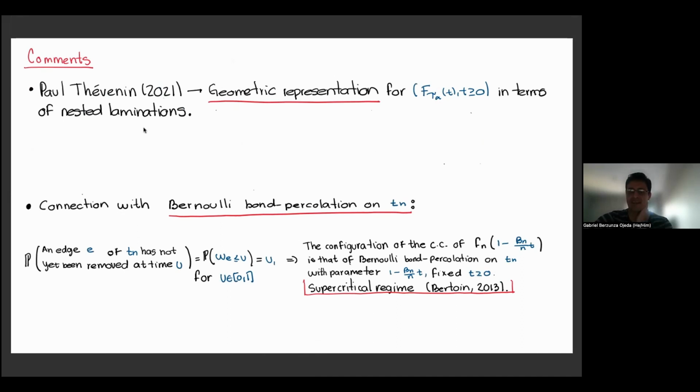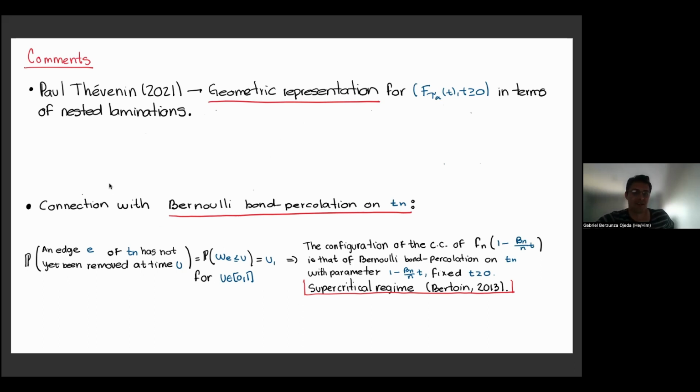He defined a lamination-valued process that encodes this fragmentation process of the stable Lévy tree in a very clever way. But I won't talk about that. I just wanted to point out this other connection of this model.